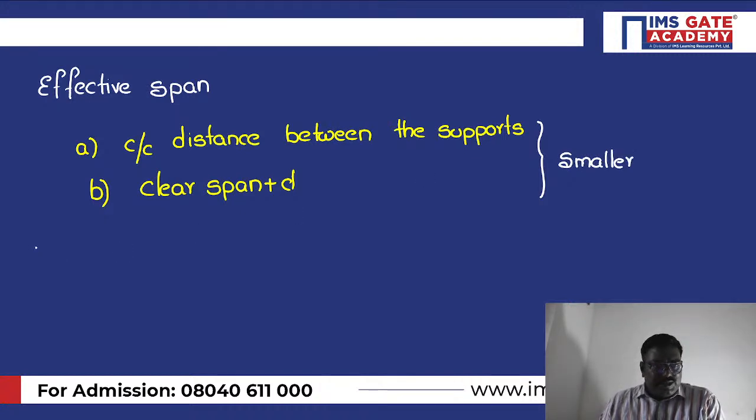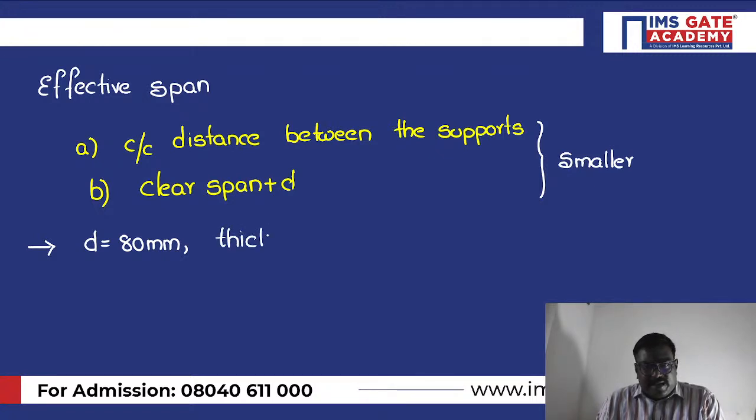Now, my dear students, what is the given data? The effective depth is given as d equal to 80 mm. Next, the thickness of the masonry wall is given as 230 mm.